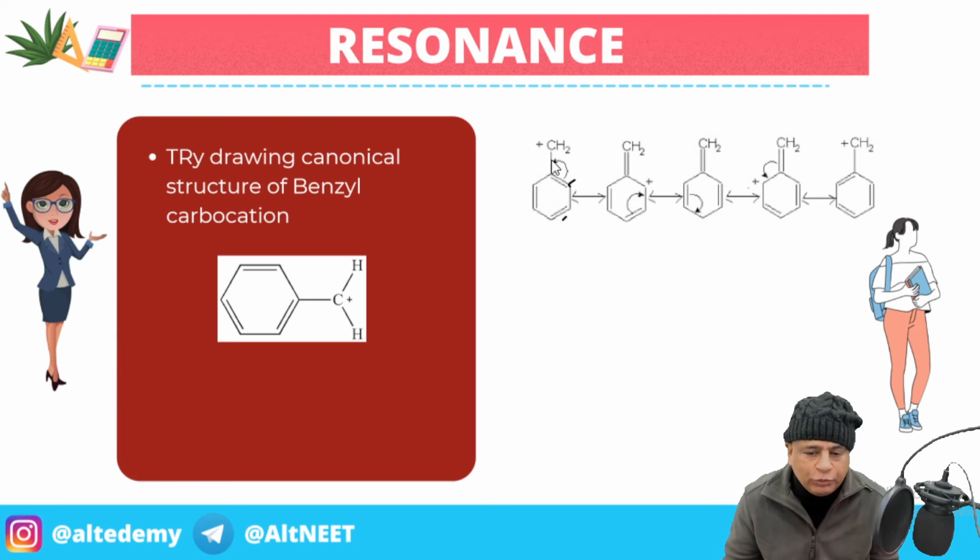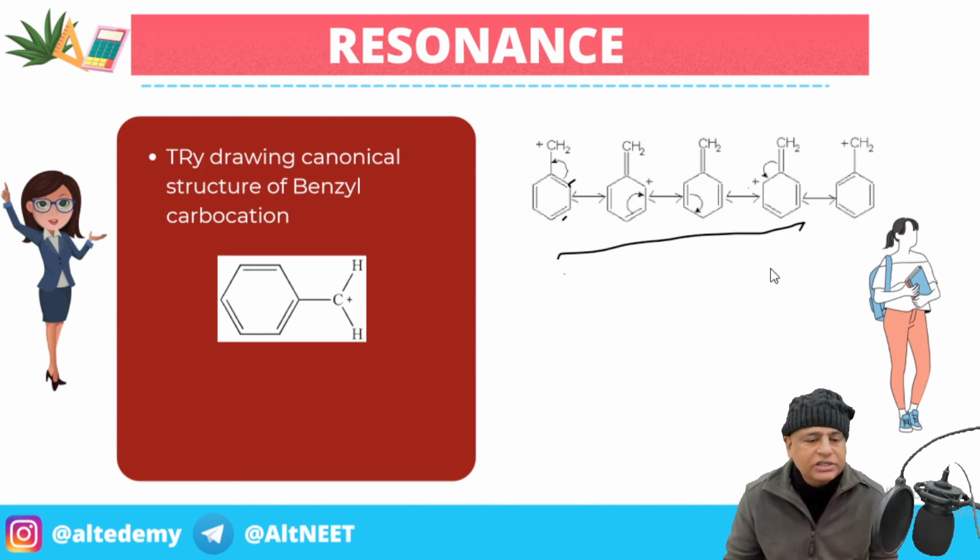The electron will be moving from this place to this place. There will be a double bond and it will be neutralizing the positive charge. The positive charge will be coming to this place. Another way, this electron will be going to this side, the double bond will be going, and this is how we are showing the resonating structures of benzyl carbocation. Benzyl carbocation resonating structures will be drawn like this, right?